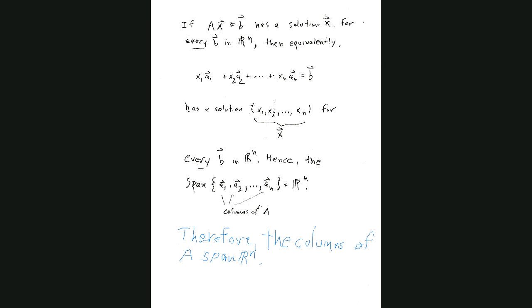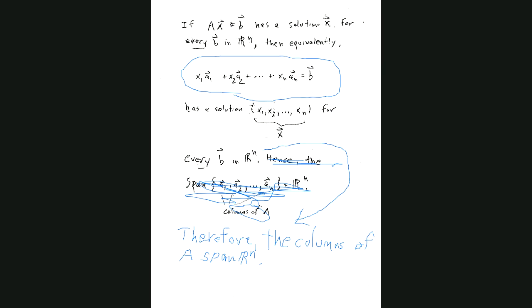So what I'm saying is, in the proof, I'm not saying this is wrong, but we don't need this here. It's true, but we could go right from here to here because of the vector equation.